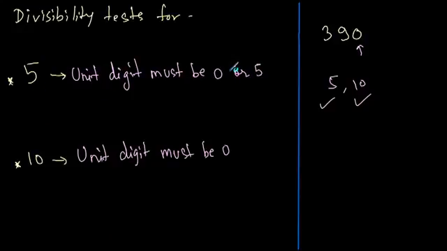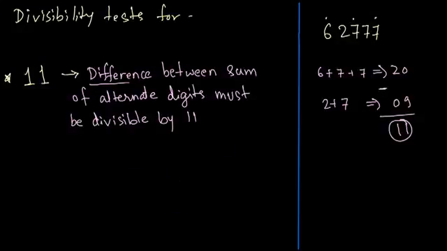For 5, the units digit must be 0 or 5. For 10, the units digit must be 0. And for 11, we sum up alternate digits, and then we take the difference between them. If that difference is divisible by 11, then the number is divisible by 11.